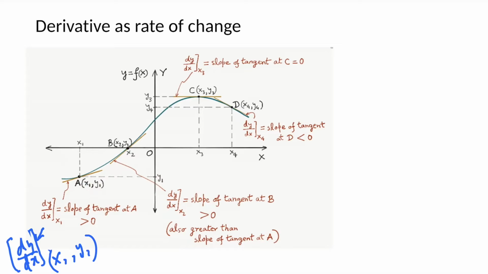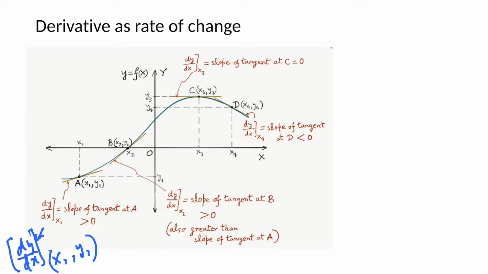Okay, now let us look at what different slopes at different points imply. We have already seen that the derivative of the function at a particular point, let us say x1, is the slope of the tangent to the curve at that particular point. Now here we see that, let us consider these points as an example, points x1, x2, x3 and x4.